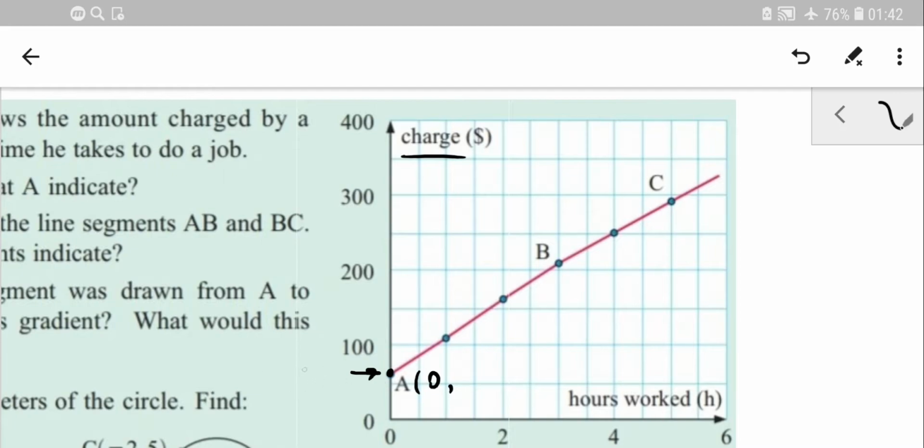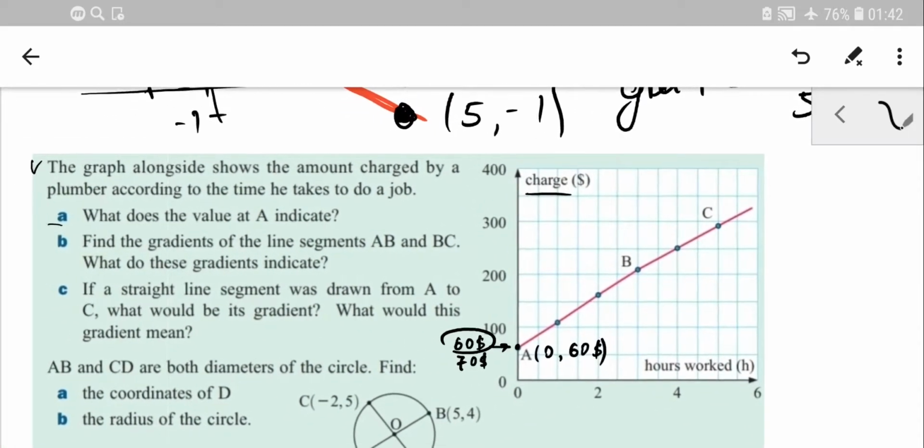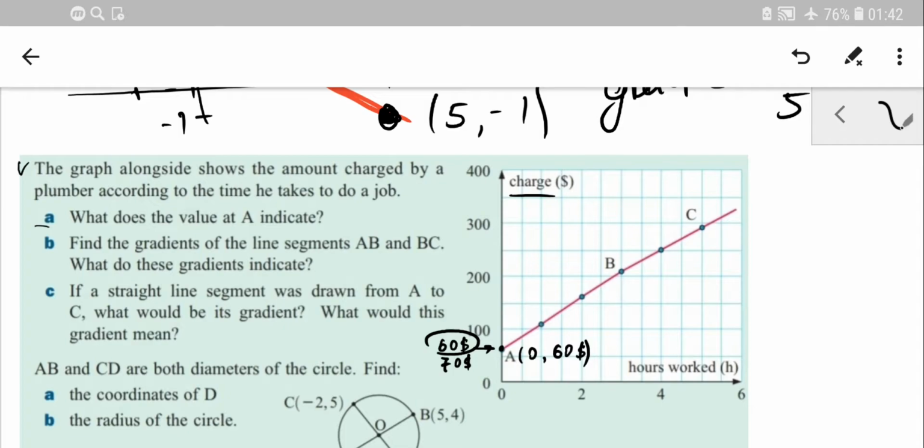So it's around $60, maybe 70, close to 60, maybe 60 something. That's why it represents just the amount of money the plumber charges for call outs without any job. If he works some amount of time, he will charge more, of course.